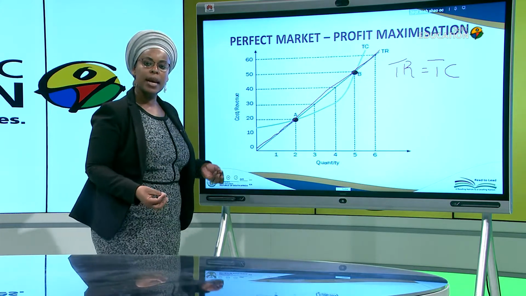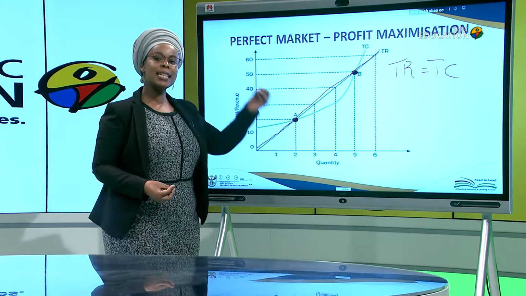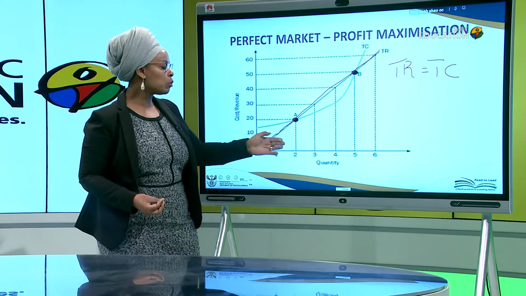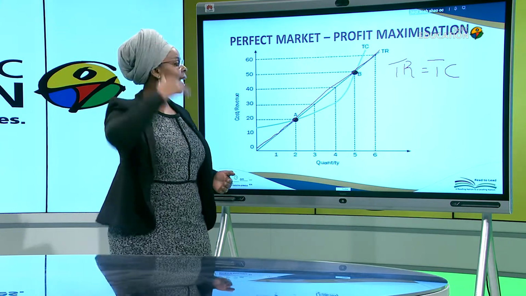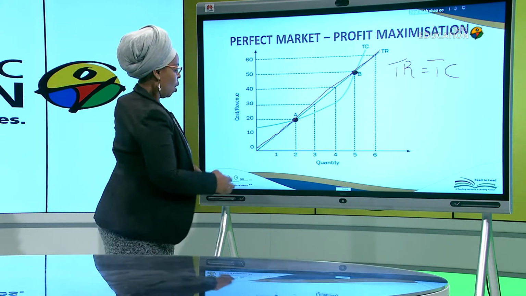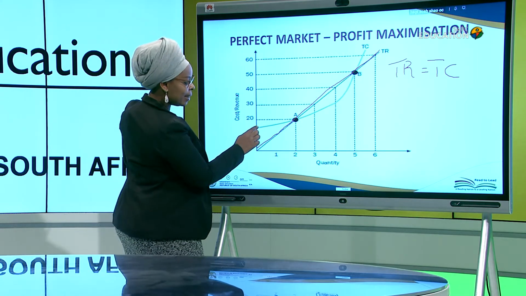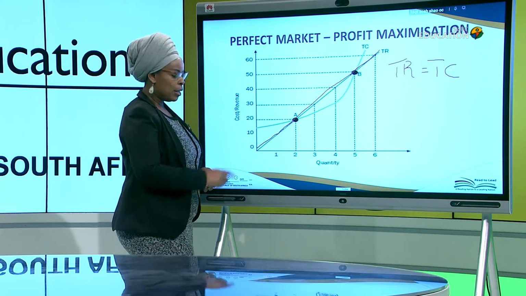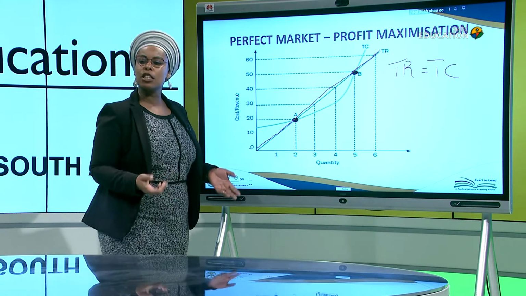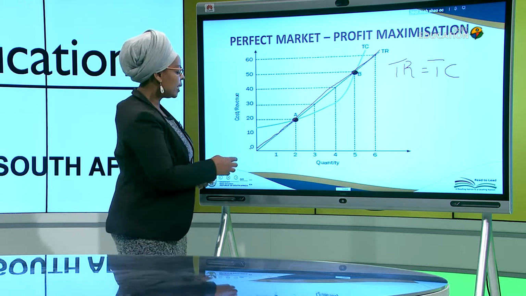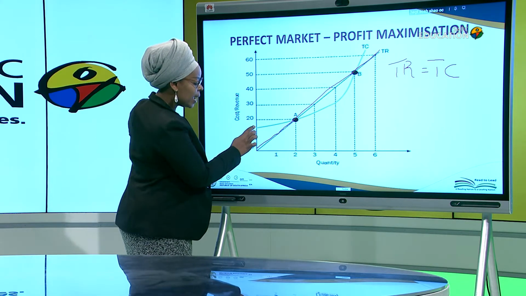What does this mean? It means that as the business is producing, the more it is selling, from quantity 1 up to quantity 6, the profit will keep on rising and rising. So the total cost is represented by this gray line. You can take note that it doesn't start from 0 like the total revenue. Why? It is because it is starting somewhere above 10 at this point.